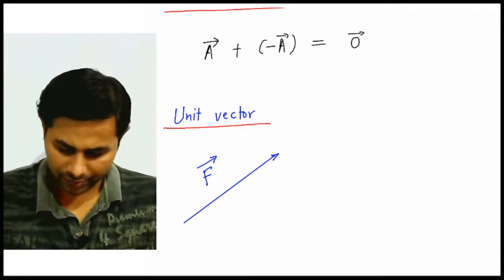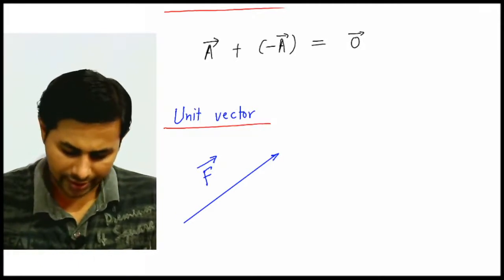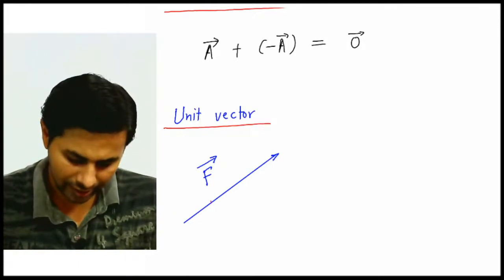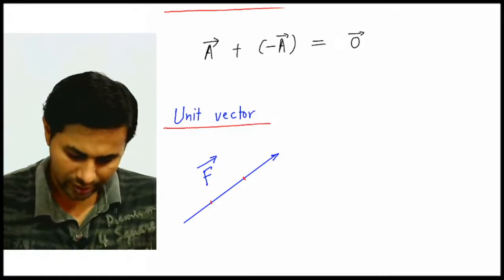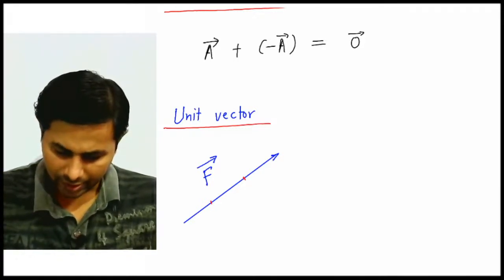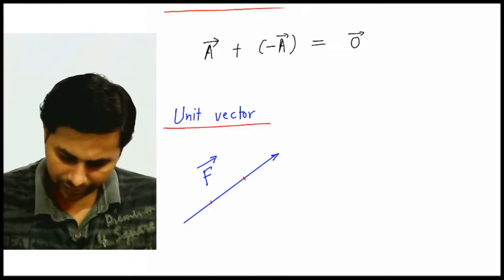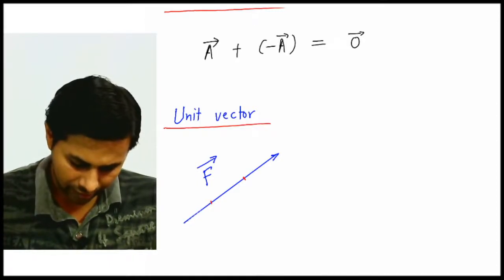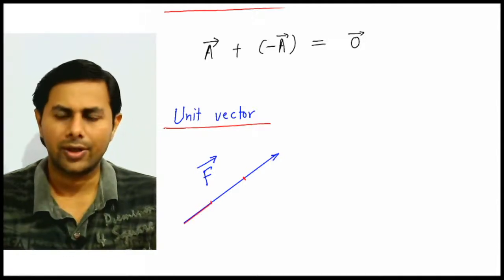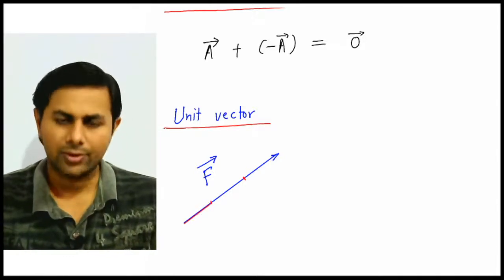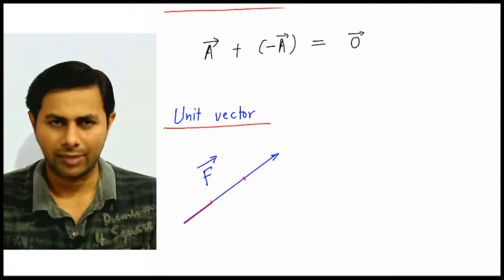Then if I divide it into 3 equal parts, like this, then a vector in same direction having magnitude equal to 1/3 of this vector is known as unit vector in direction of F bar.